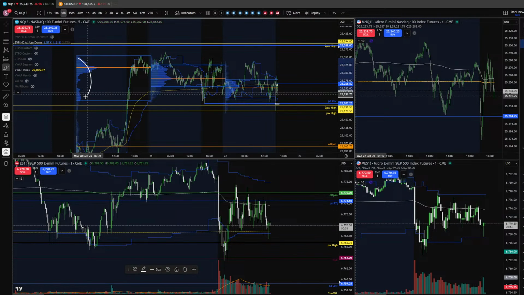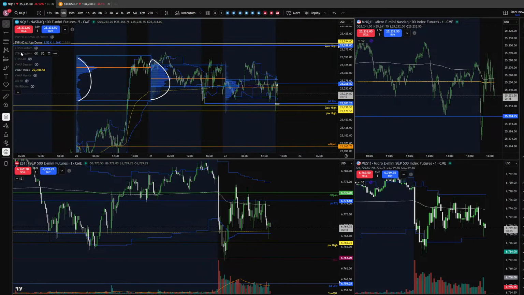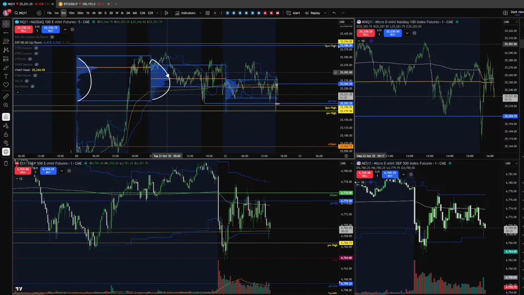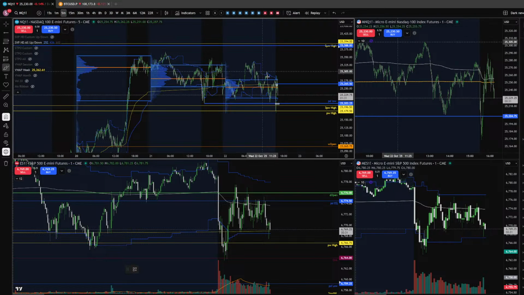Okay, so we have a profile here, another profile here, another profile here. If we close this day a D-shaped profile, meaning that we're gonna stay all day inside of this range, this is an idea that we might have to entertain, because it's still Wednesday.